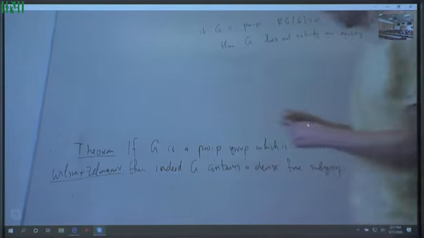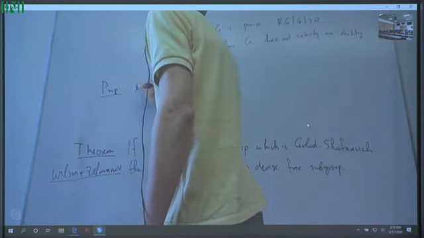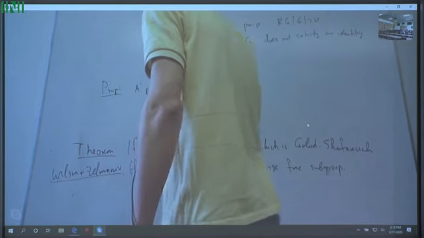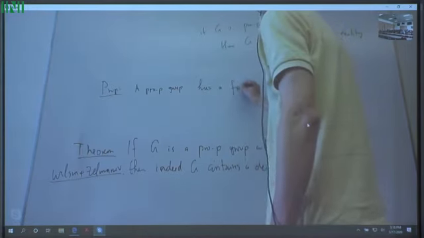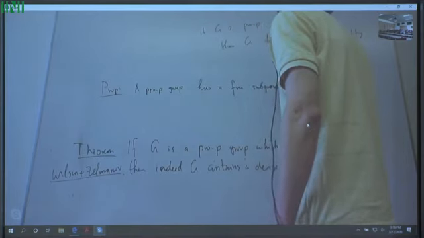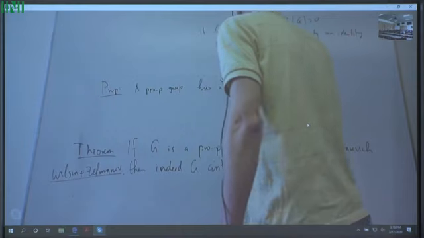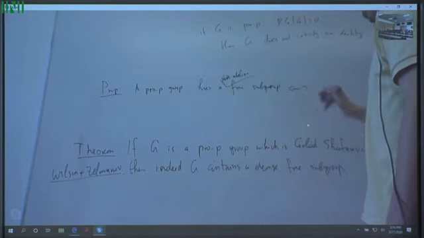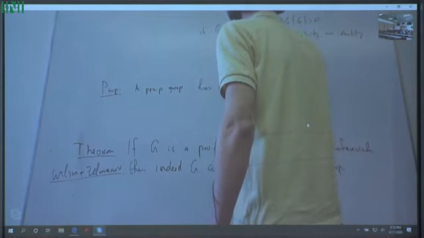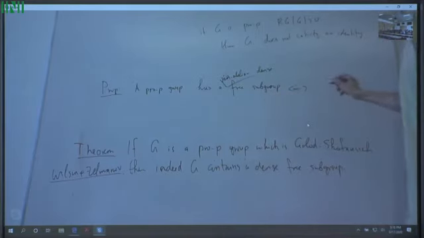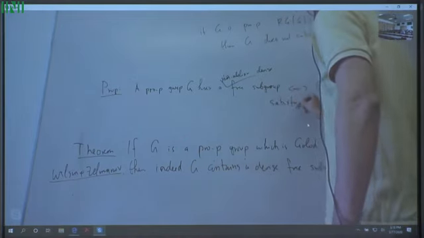Okay, but to have a dense free subgroup, what you need is that G does not satisfy a coset identity, right? So let me just write this. An easy proposition is that a profinite group, let's say a pro-p group, has a dense non-abelian free subgroup if and only if G does not satisfy a coset identity.